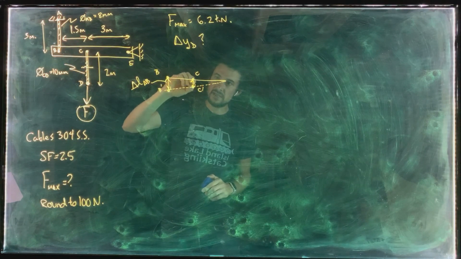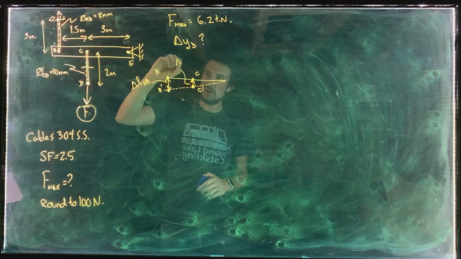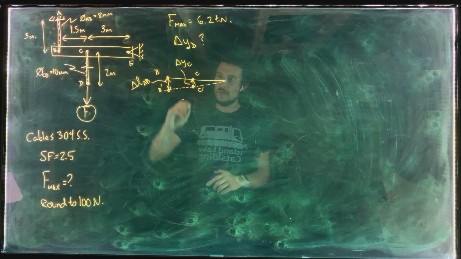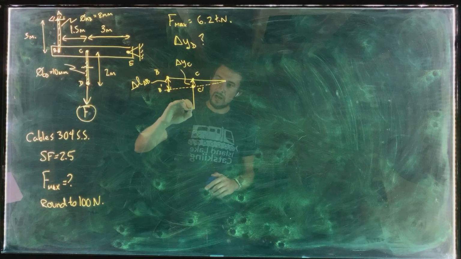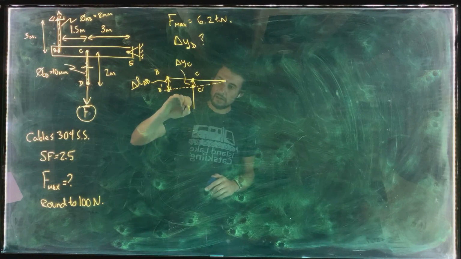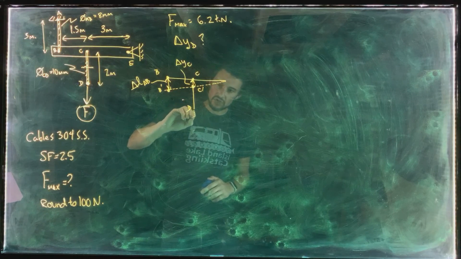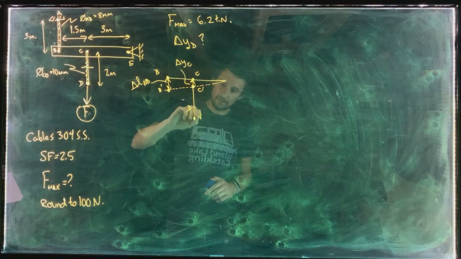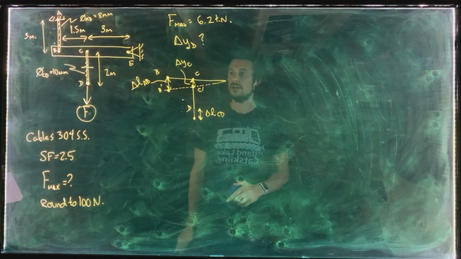This distance here is just the change in position, delta y, of point C. And then we've got here the cable CD, and that's going to change in position a little bit here. So that length change is delta L of CD.